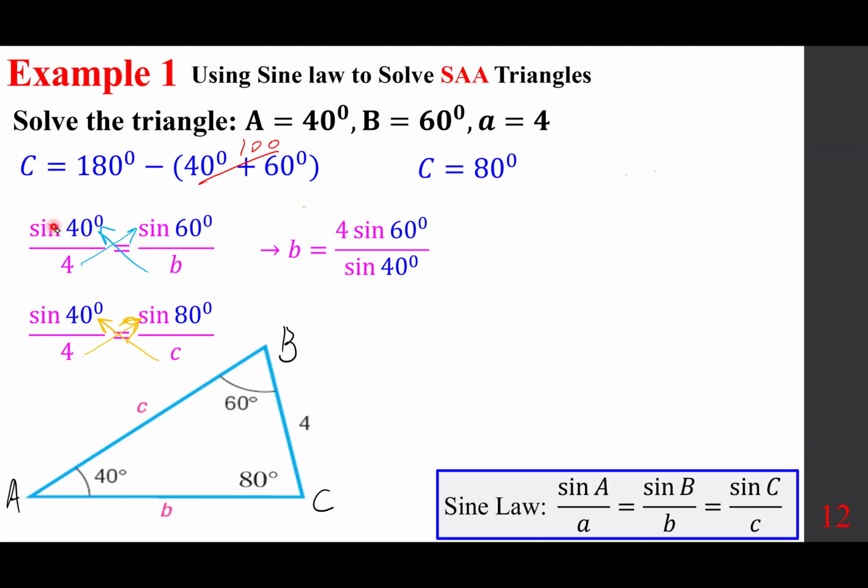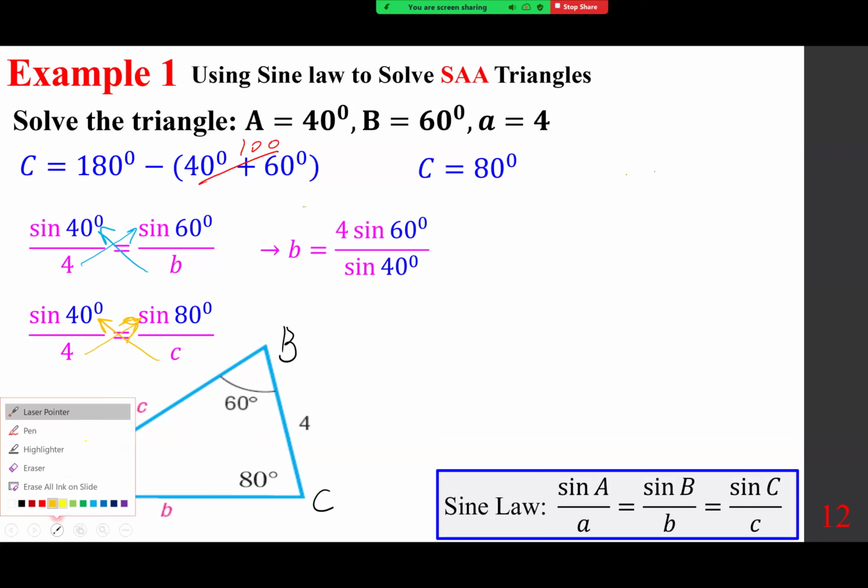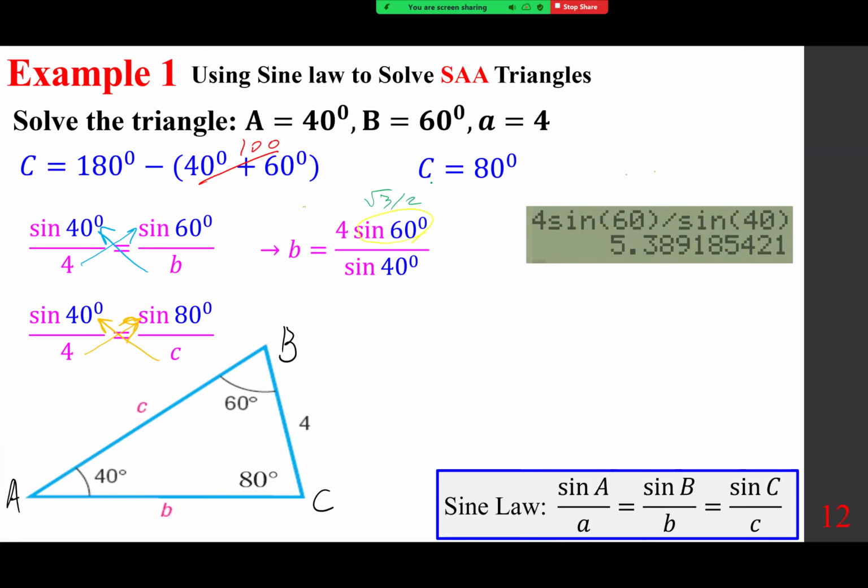You have to put this into a calculator because sine 40 is not a common angle. Sine 60 is square root of 3 over 2. We know that, but anyway, you put that into a calculator, and normally you go with 1 or 2 decimals unless otherwise mentioned, because a is given as a whole number.